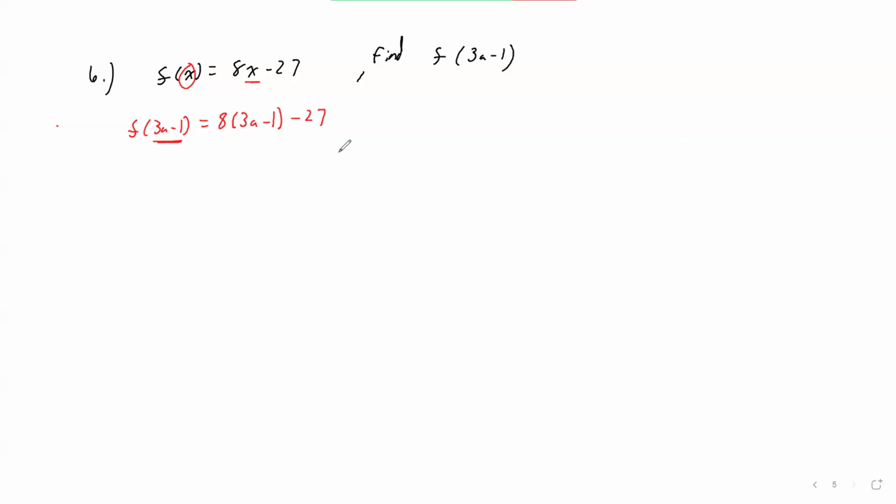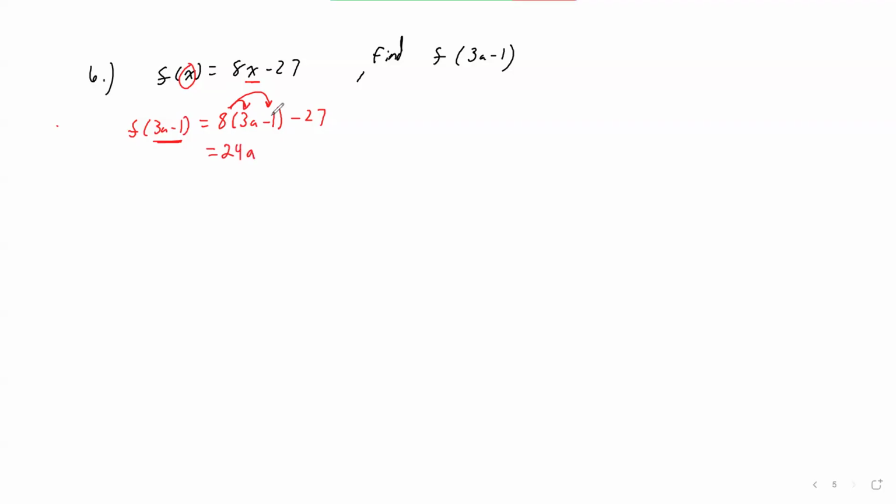So I kept it kind of the same pattern as I did with the numbers. There's just a function there. So now I'm going to use my simplifying rules that I've used up to this point, and you're correct. To get rid of parentheses, I need to distribute. So 8 times 3a would be, very good.